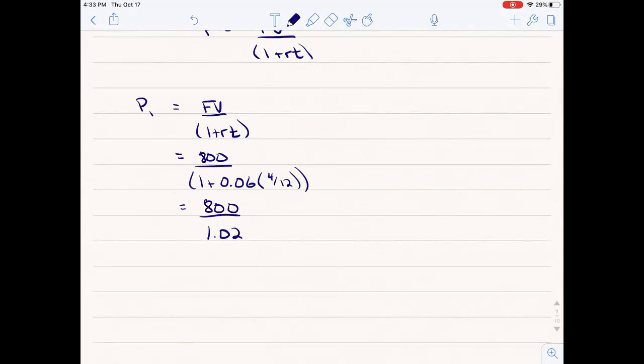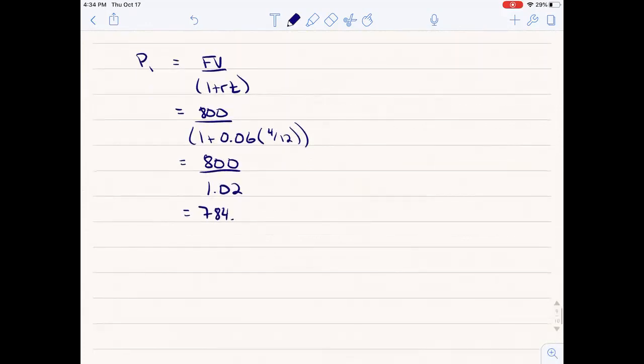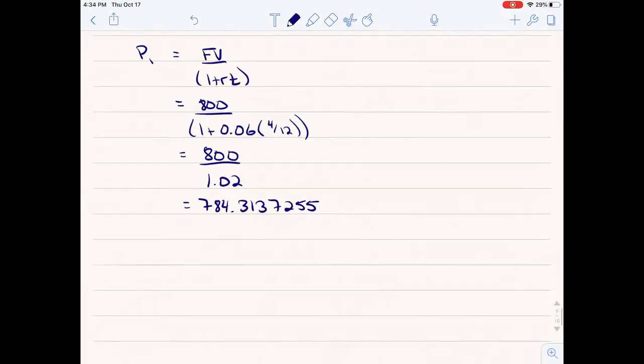Just make sure you end up with 1.02 in the denominator. Then 800 divided by 1.02 gives $784.37255, just to check your answers, which in money is 784.31.